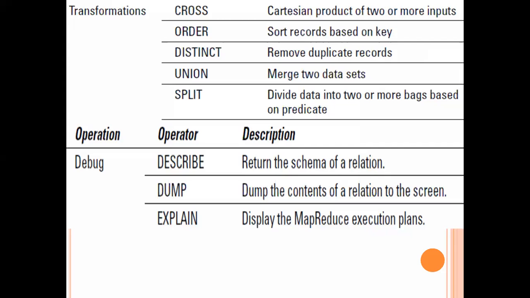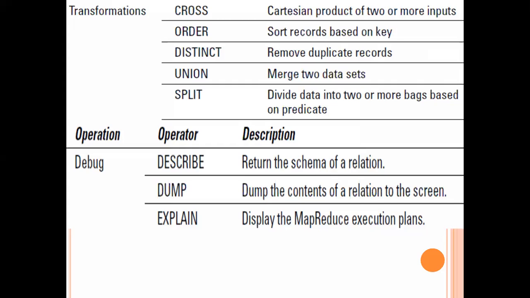So first one is data access, second one is transformation, and another category of operations is debug. How do we perform debugging? Describe returns the schema of a relation. Dump dumps the content of your relation to the screen, so what we expect on the screen is what we dump.